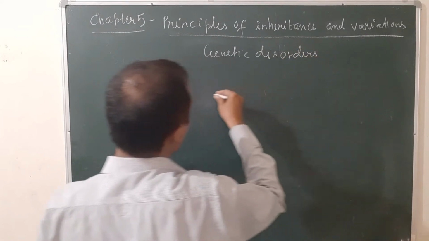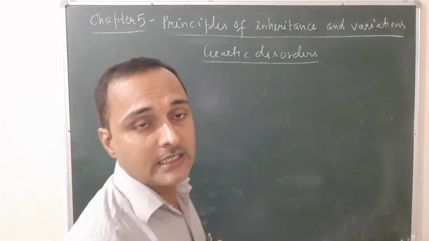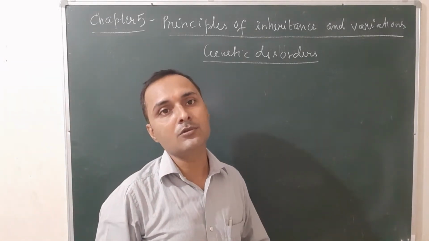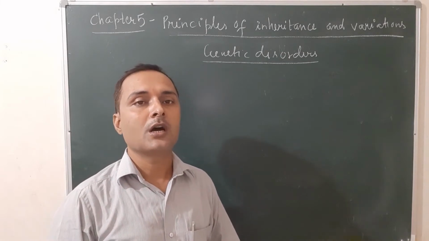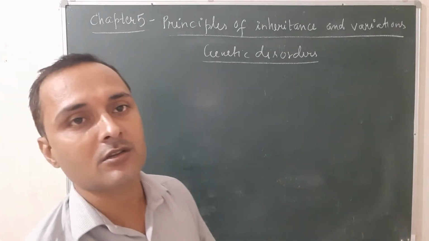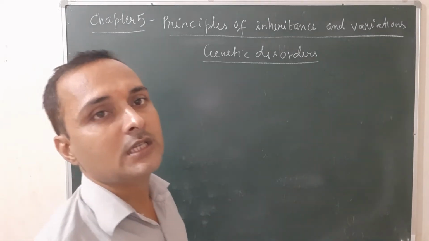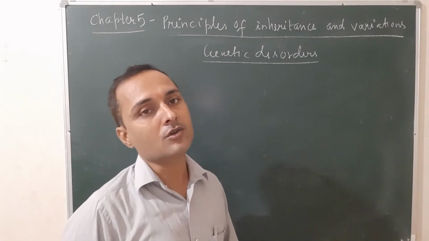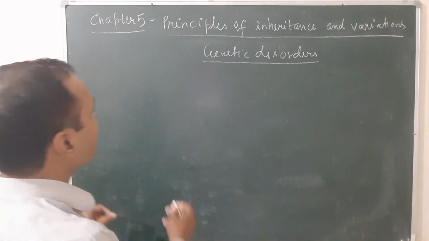The various disorders which are caused due to a change in the structure of chromosome, or due to mutation of gene, or the change in the number of chromosomes, are known as human genetic disorders.